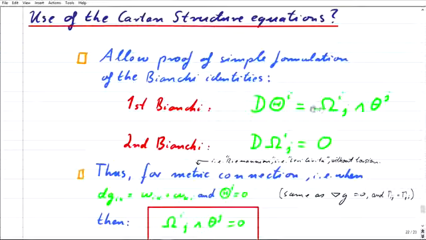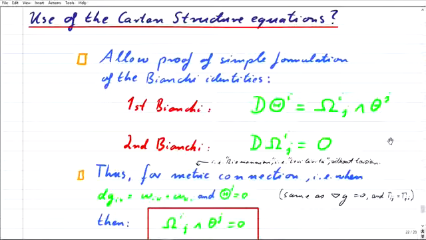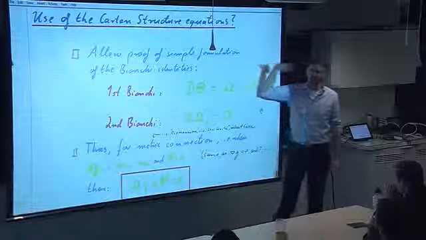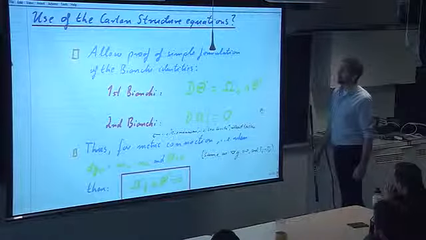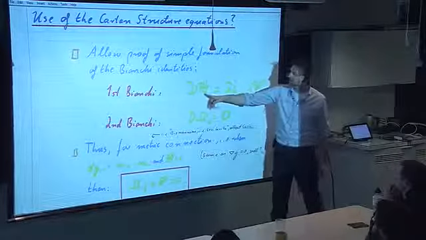So what's the use then of these Cartan structure equations? Now, with the Cartan structure equations, we can re-express the Bianchi identities in a more simple way. Remember, the Bianchi identities used to involve this cyclic sum of terms, and it was really a little tedious. Now, the first Bianchi identity simply takes this form.